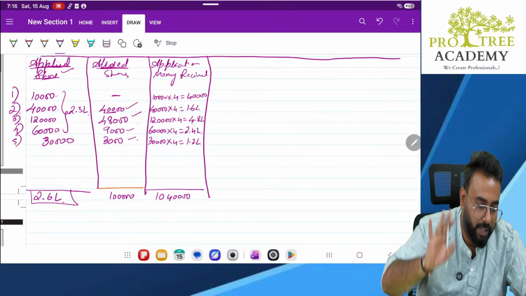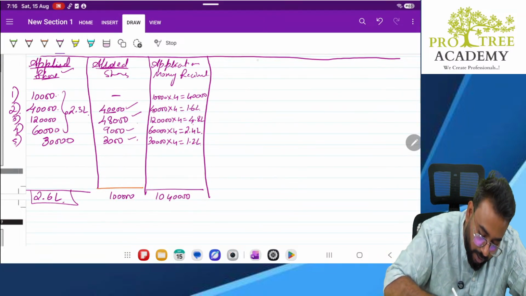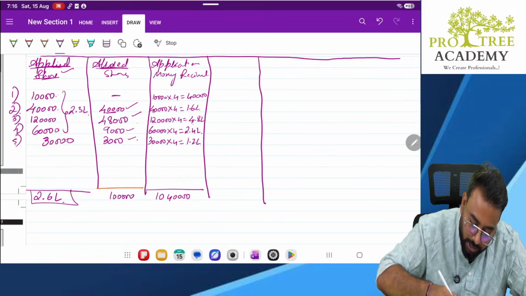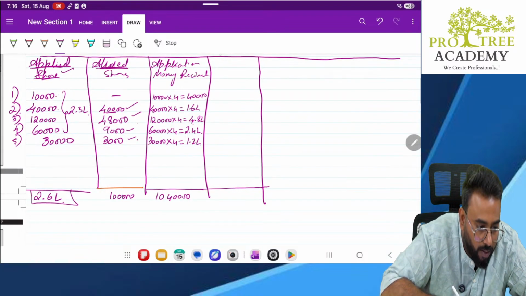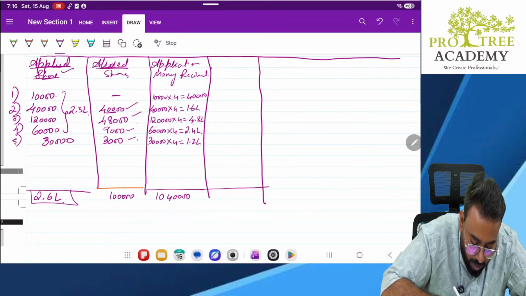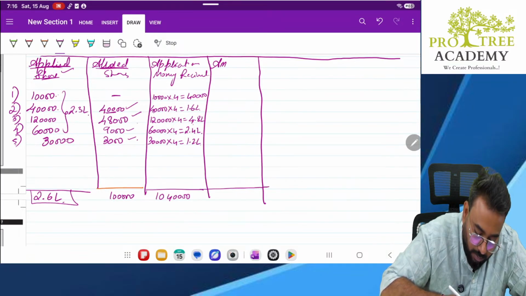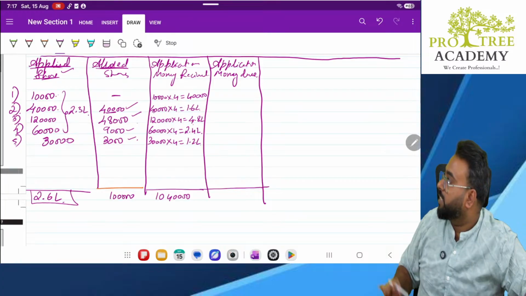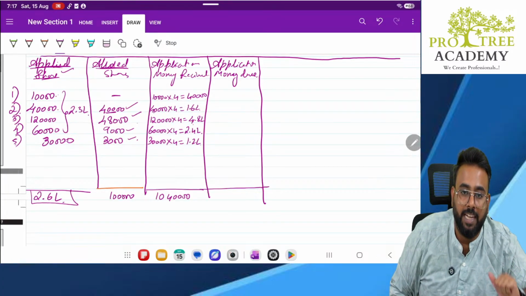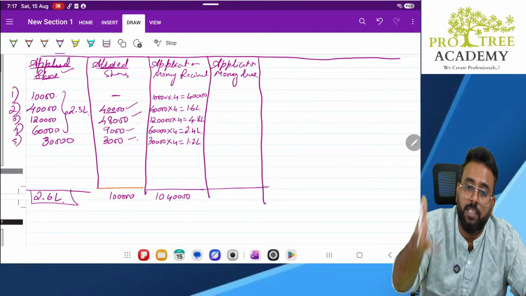Total application money received. Okay. But how much was the application money actually due? Sir, what is actually due? Actually, how much should they have paid?